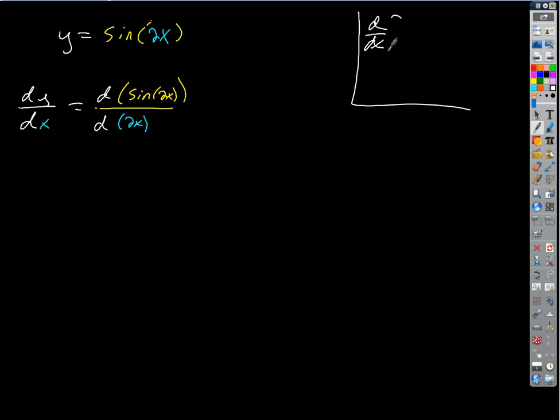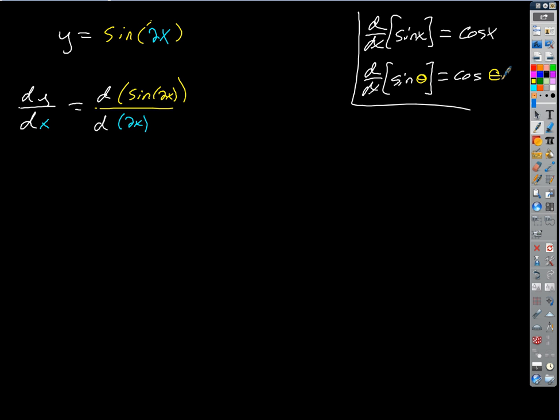The derivative with respect to x of sine x, we wrote, is cosine x. That's no different than saying the derivative with respect to theta of sine theta equals cosine theta. It doesn't make any difference what the variable of differentiation is. I could call it an x or a theta or an apple. It makes no difference. I'm going to get the same result. The pattern is the derivative of sine of something equals cosine of that thing, right?